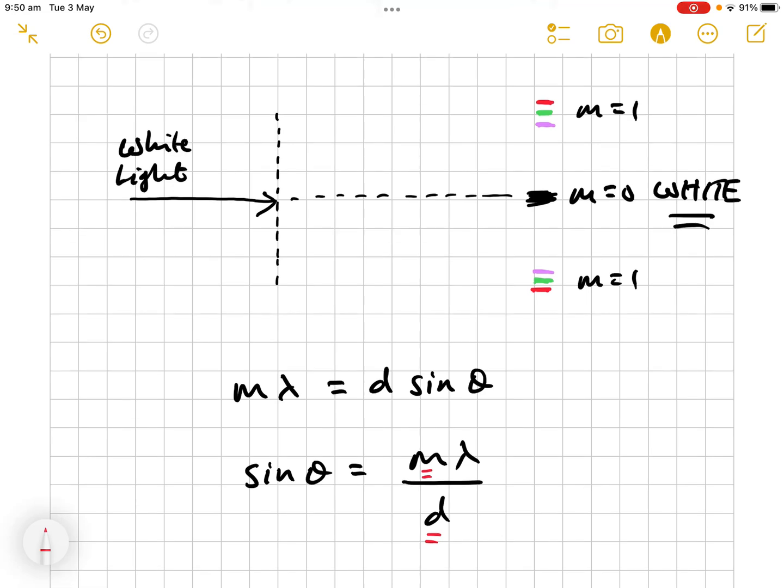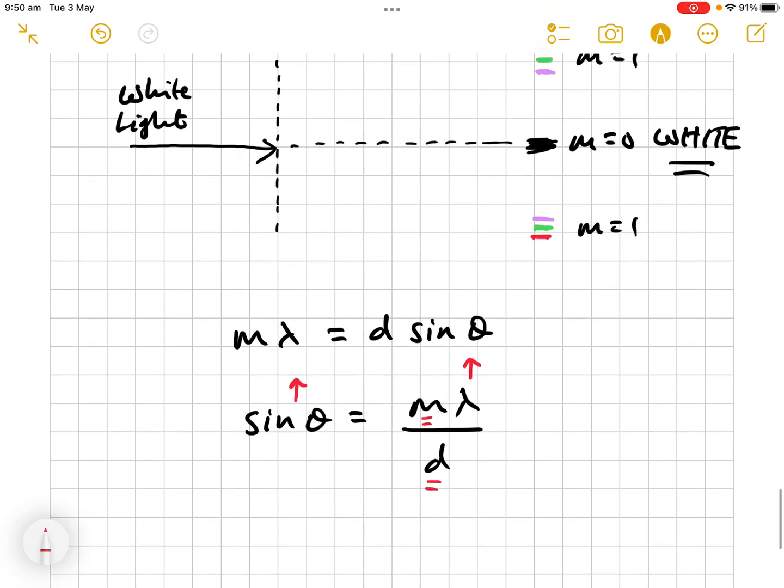So you can see in rough notes here that if lambda is big, then sine theta will be big. In other words, the greatest theta, the greatest sine theta, will be for the larger wavelength.